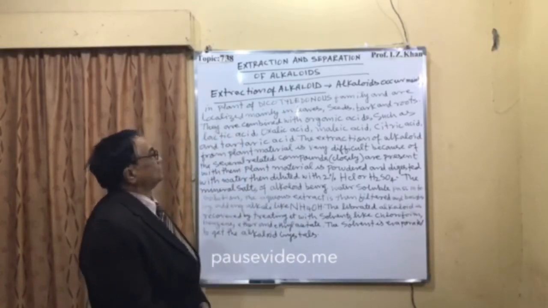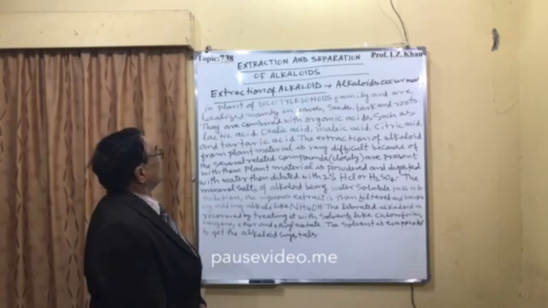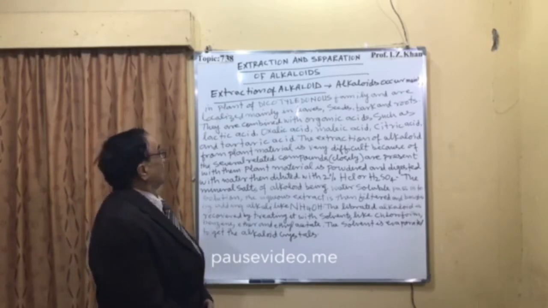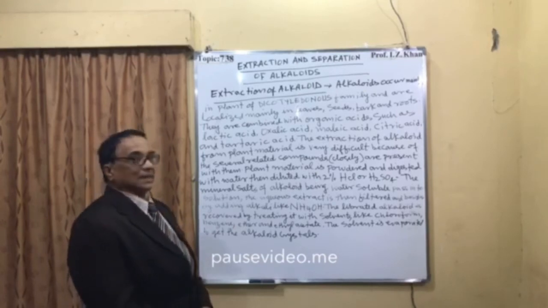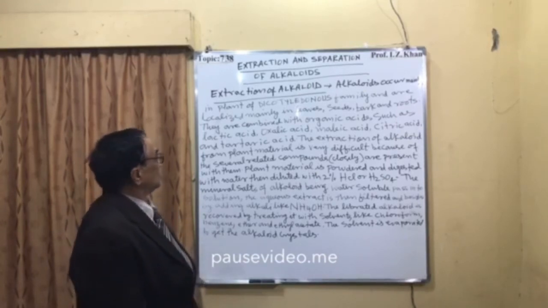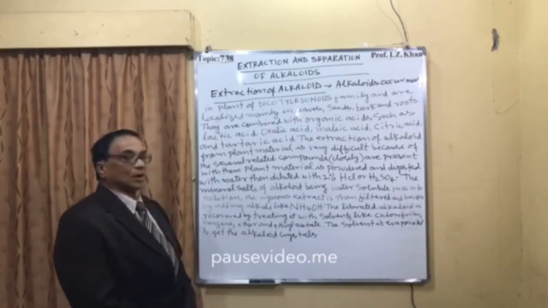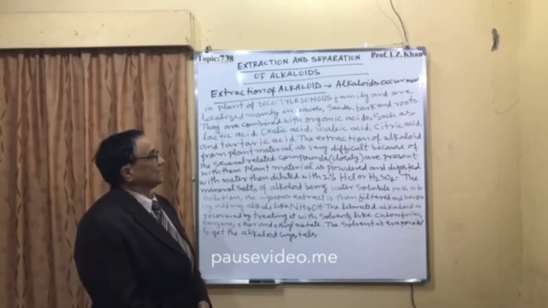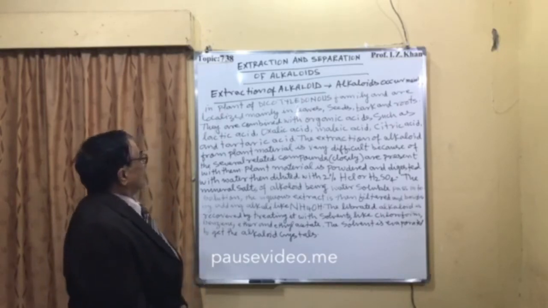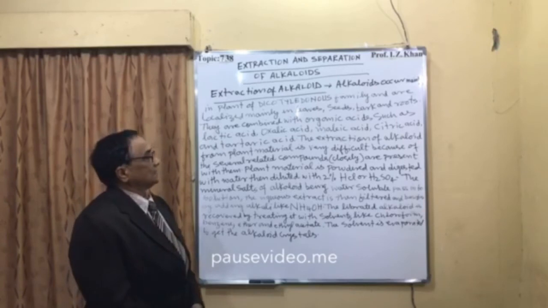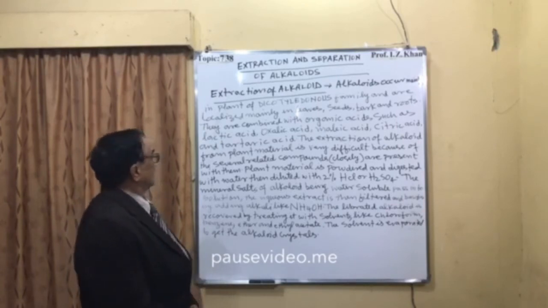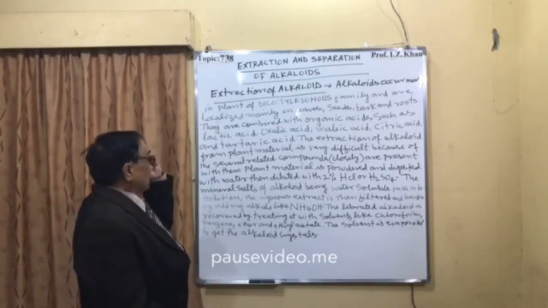Extraction of alkaloid. Alkaloids occur mainly in plants of the dicotyledons family and are localized mainly in leaves, seeds, bark, and roots. They are combined with organic acids, and these organic acids are lactic acid, oxalic acid, maleic acid, citric acid, and tartaric acid.